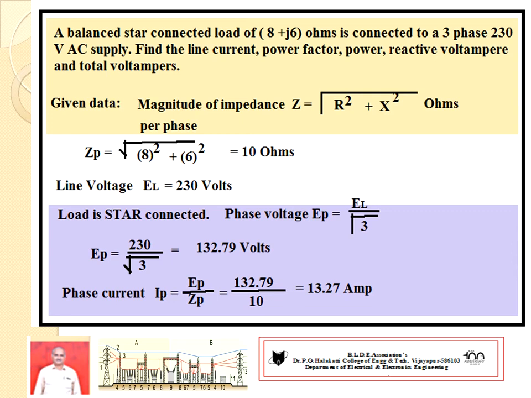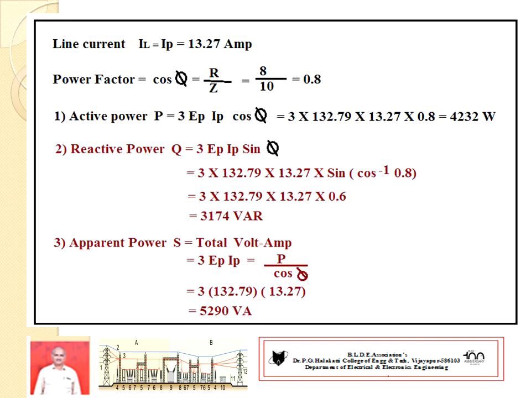IP equals EP by ZP, 132.79 divided by 10, which becomes 13.27 ampere. So line current equals phase current, 13.27 ampere, because the connection is star.